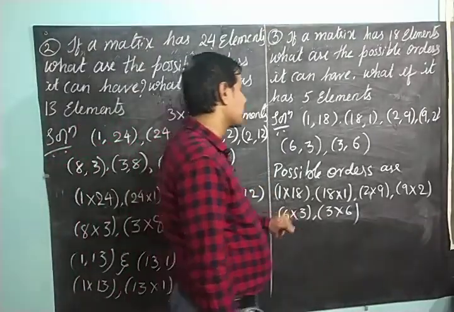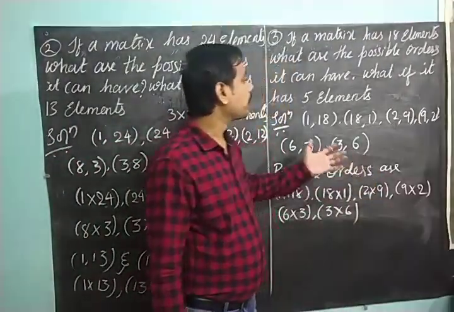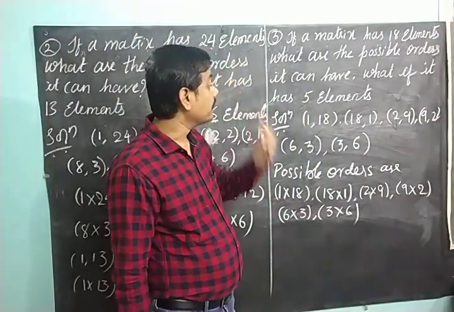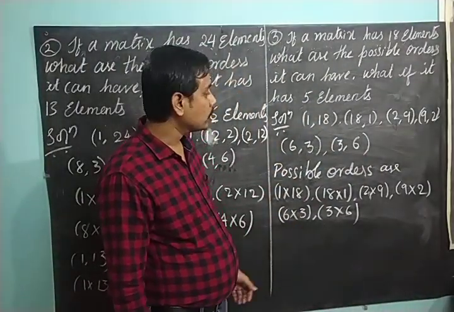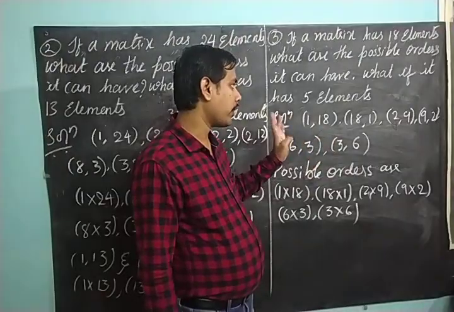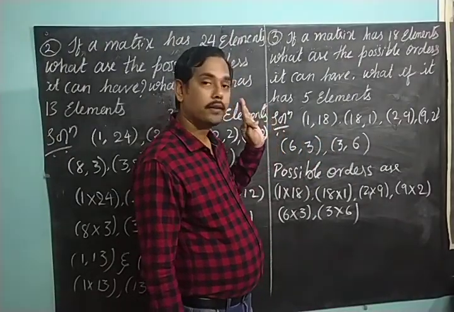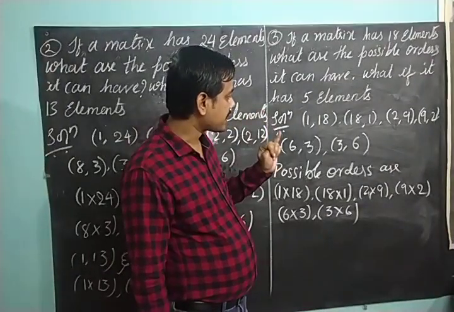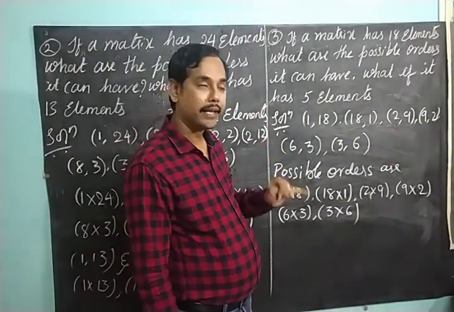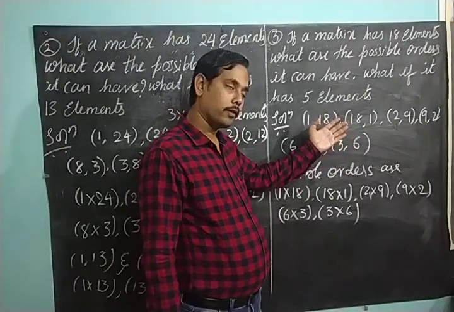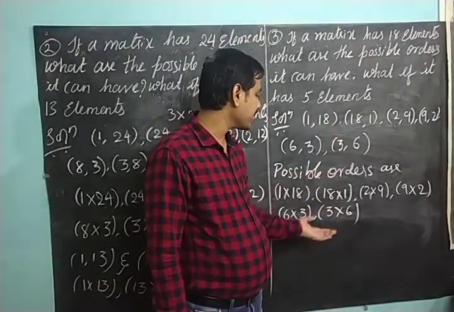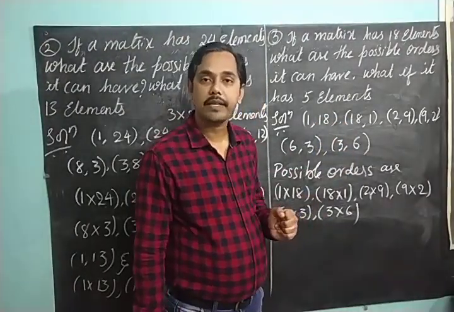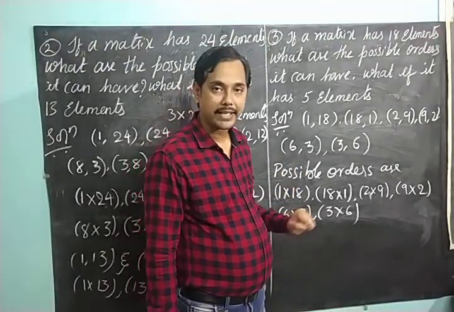These are the only possible orders. You can check, you will not get any other things over here, right? So the factors of 18 are 1, 2, right? Then 3, 6, 9 and 18. So these are the possible ordered pairs, and similarly this will be the possible order of the matrix.